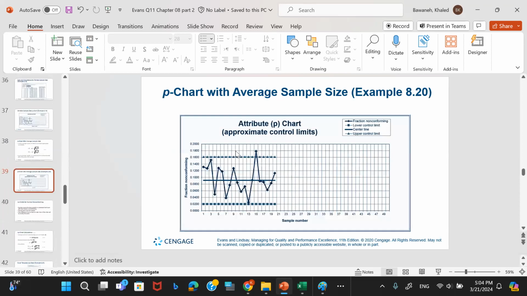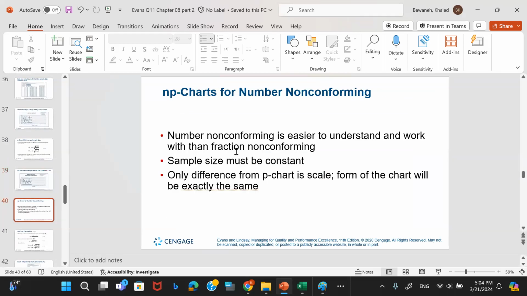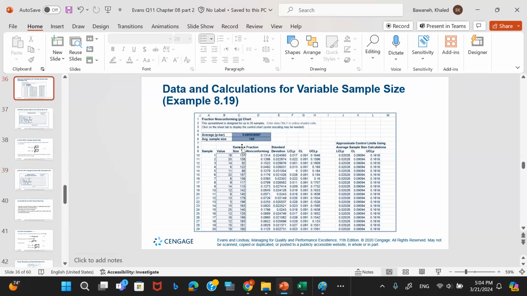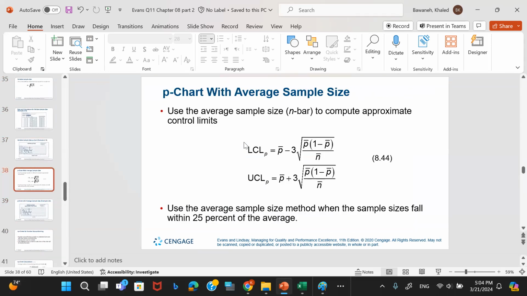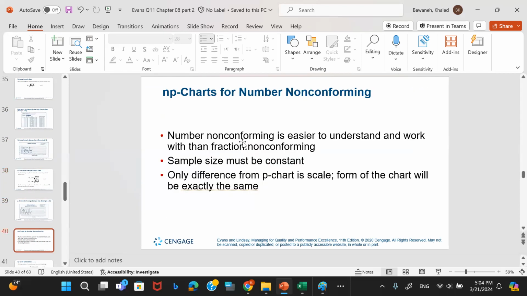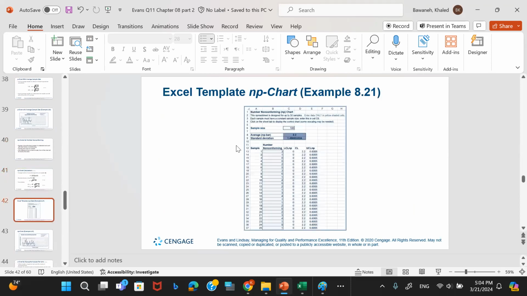And the same as we did, there is an NP chart, which is the number of non-conforming. This P chart is the fraction of non-conforming. Here it's the number. So I can have 10% non-conforming, but for the number I say I have two non-conforming. So this is a fraction and this is a number.